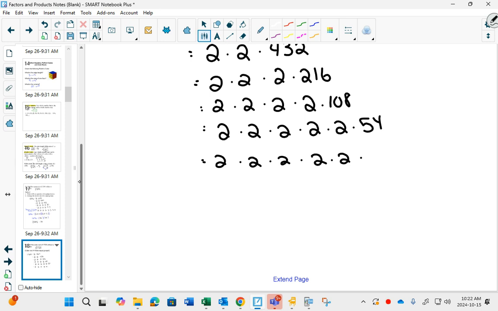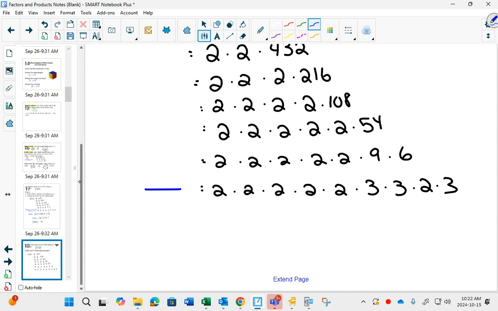So sometimes when numbers get into your 10 times table, you might want to change it to 9 times 6, because then you're usually one step away from being finished. 9 is 3 times 3, and 6 is 2 times 3, and now we have our prime factorization done.